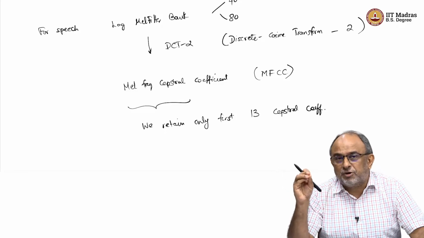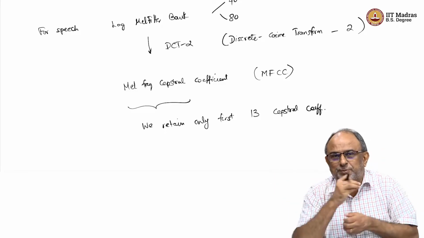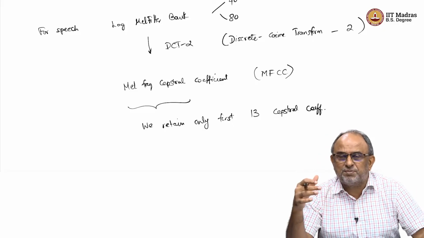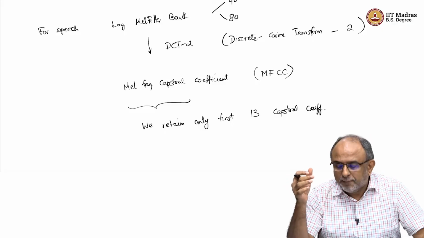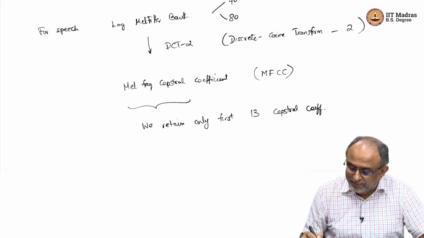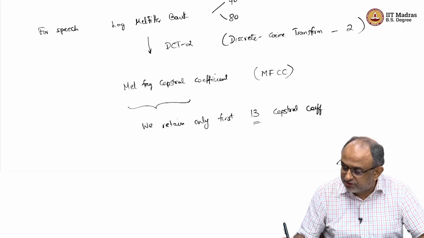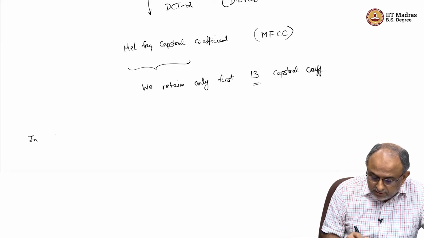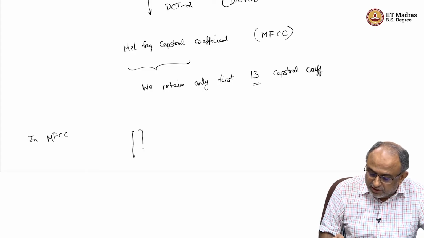There will be some performance gains or degradation depending on the application, the signal, and many aspects of how the data was collected. But we typically use 13 Mel-Frequency Cepstral coefficients. So in MFCC, every 10 milliseconds we get 13 cross 1.